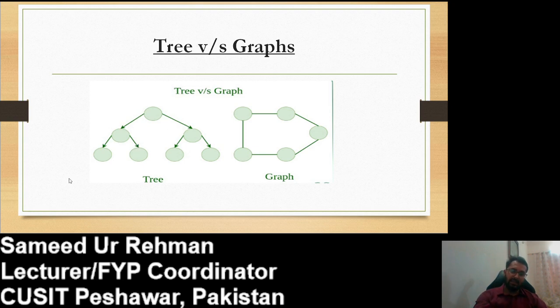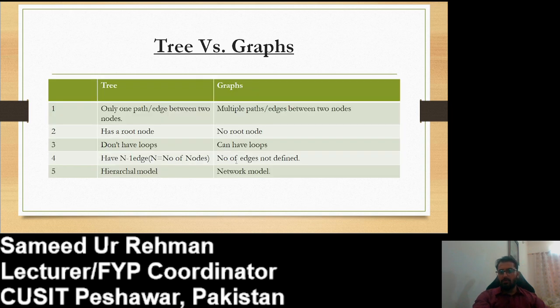So it is clear from that definition that the number of edges must be 1 less than the number of nodes. In a graph, the number of edges is not defined, as I earlier mentioned that there can be a loop, there can be multiple associations from one node to another node.